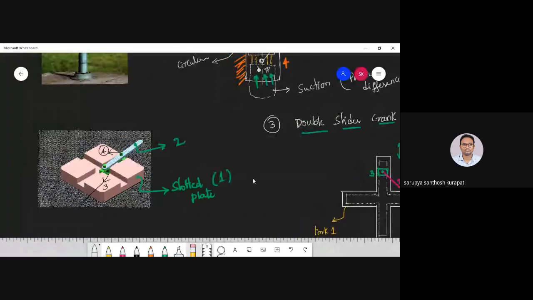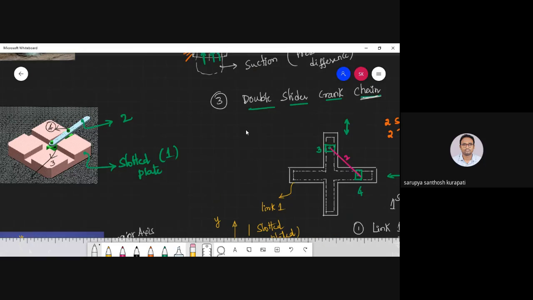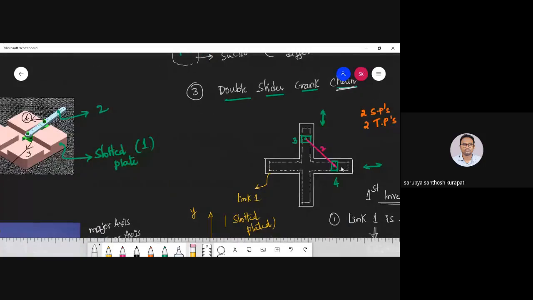Now, in the 3D picture, if you can see the third link, what happens if I fix the third link? The other, fourth link is there. You are going to apply a motor on this particular turning pair. Suppose link 3 is fixed or link 4 is fixed.